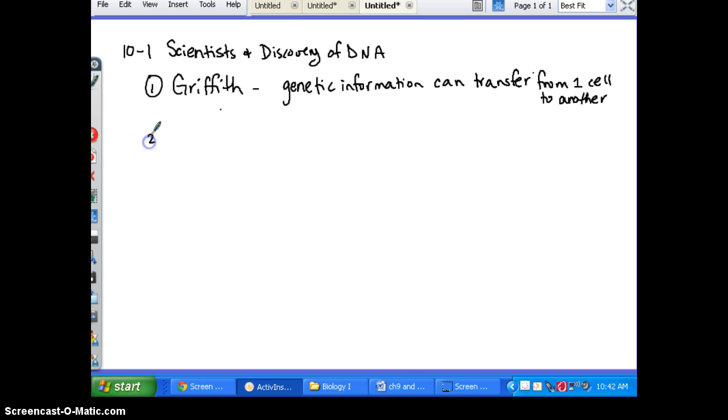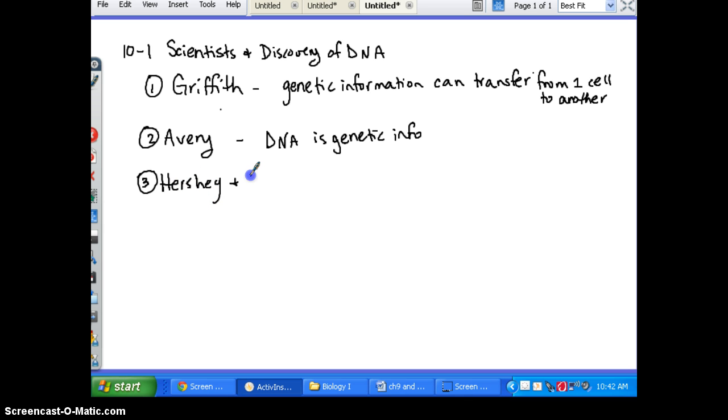Okay, 2 was Avery. And he had been the first one to say that DNA is genetic information. Then the ones that came in after him to really solidify that statement were Hershey and Chase. Hershey and Chase used a virus, and it looked kind of like this.